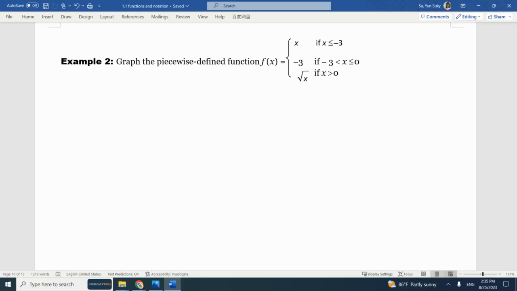It'll be like negative 1, negative 2, negative 3. It's a straight line, including here. And because this is x less than or equal to negative 3, you need one more point.